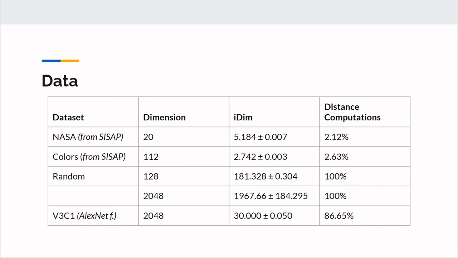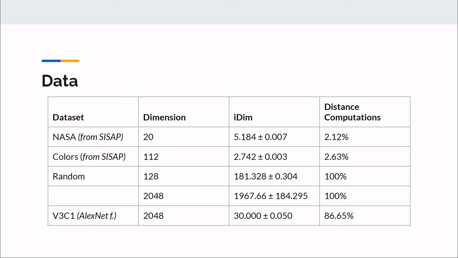We have analyzed several datasets and looked at the intrinsic dimensionality and retrieval efficiency using the LISA algorithm. In the table, we can see statistics for 5 selected datasets. We can see a combination of low and high intrinsic dimension datasets and a combination of real and artificial randomly generated datasets.